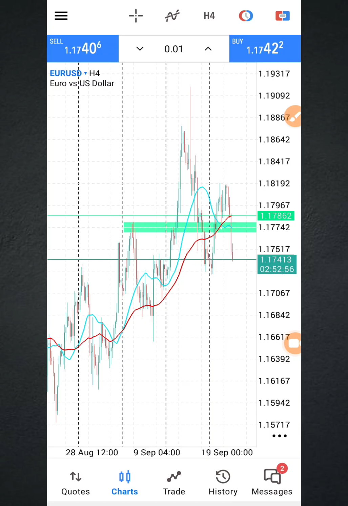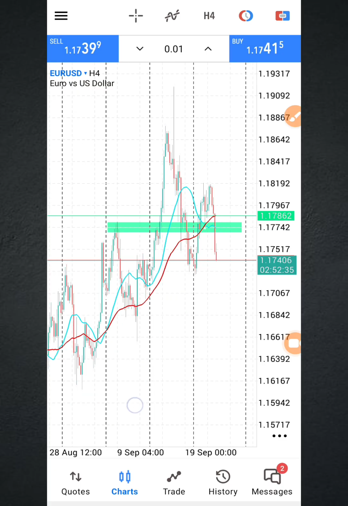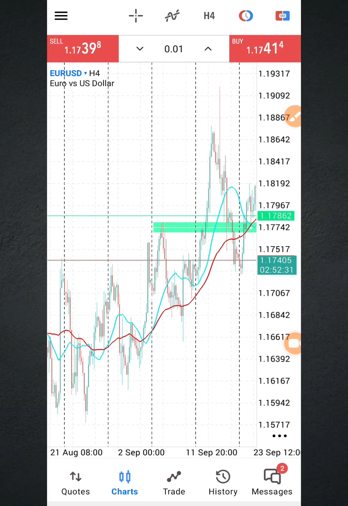So moving averages is actually a price action indicator, meaning it's always updating on the average of price, giving you information that will help you better take trades that will end up making you profitable.